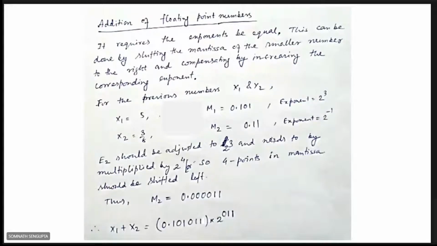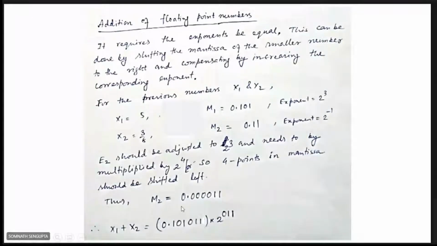The binary point would be shifted left, so that both will become 2 to the power 3. Left movement by how many bits? By 4 bits. So for the second number 3 by 8, the mantissa becomes 0.000011.